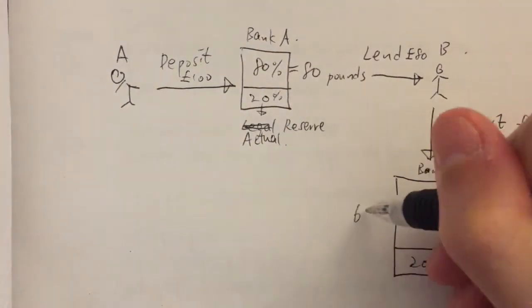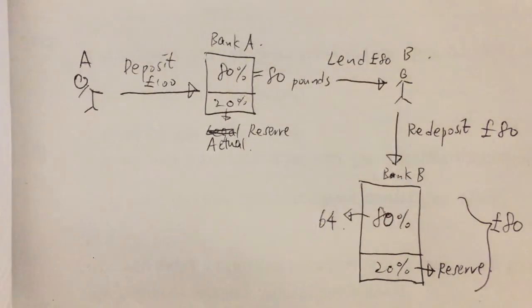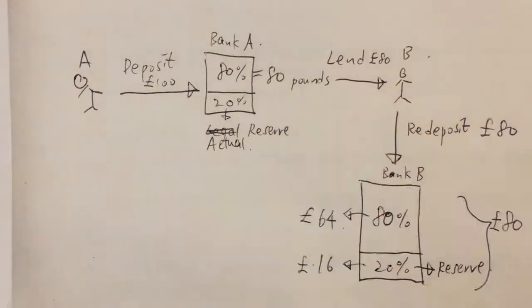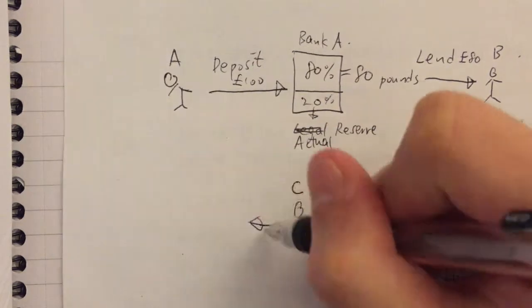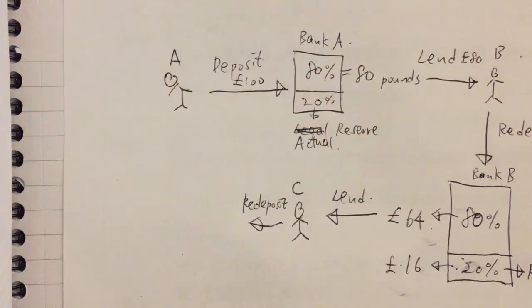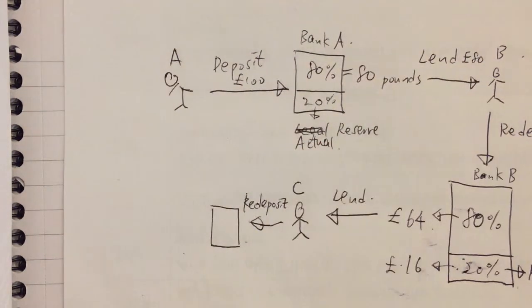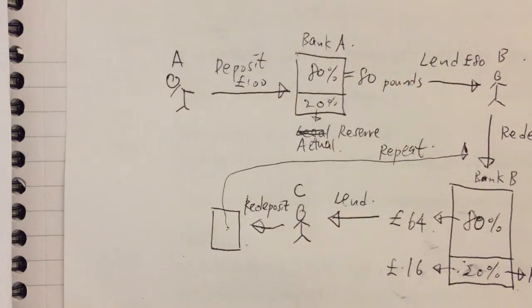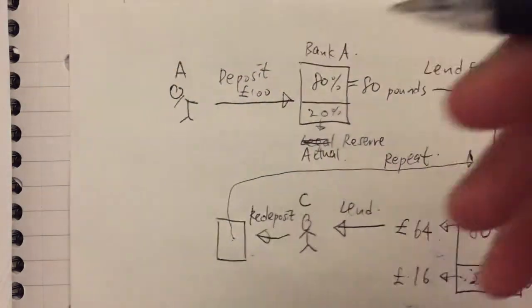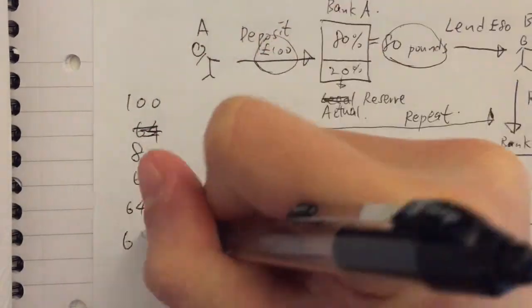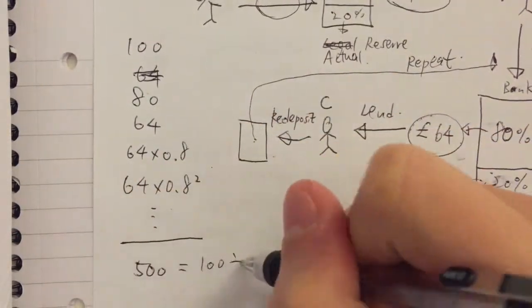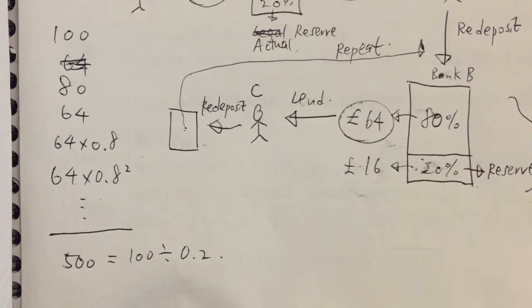He received £80 and he will redeposit the £80 to bank B. For bank B, the bank will keep 20%, which is £16, as the reserve, and then it will lend out £64. And then the recipient C of this £64 loan will redeposit the loan to another bank, and the process is repeated. If you sum up all the deposits, the amount is £500, which is equal to the initial deposit over the minimum required reserve ratio.